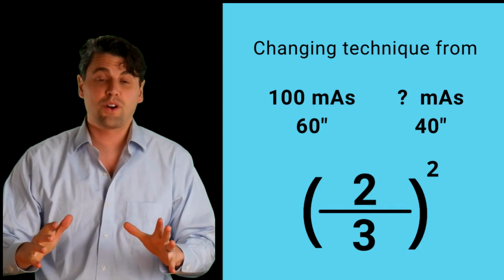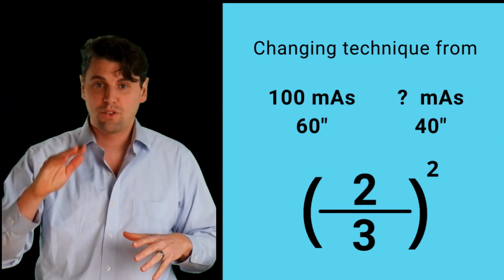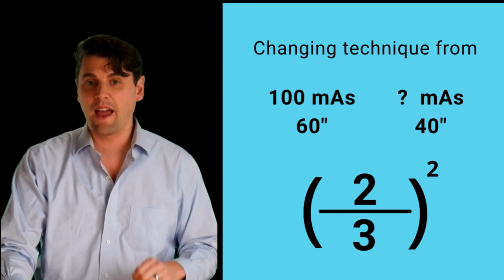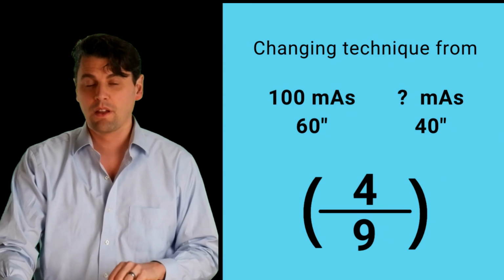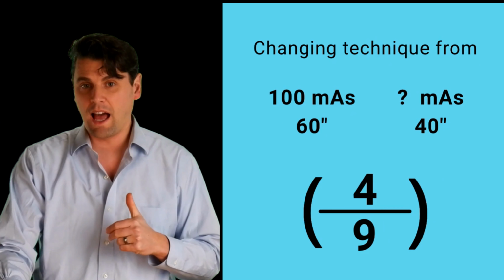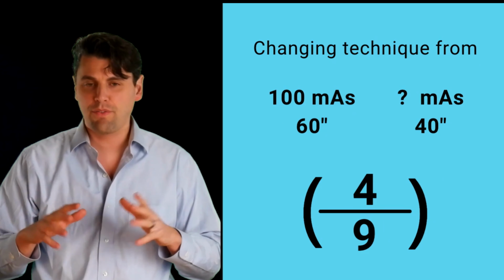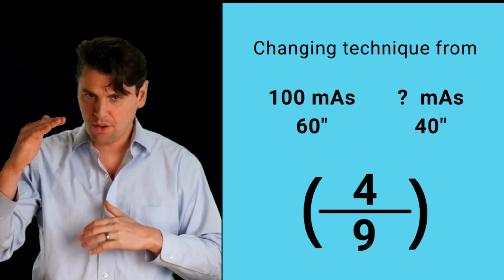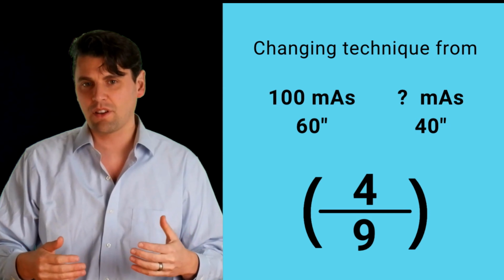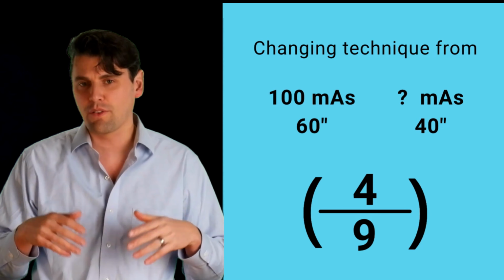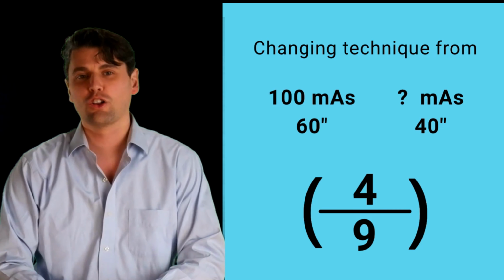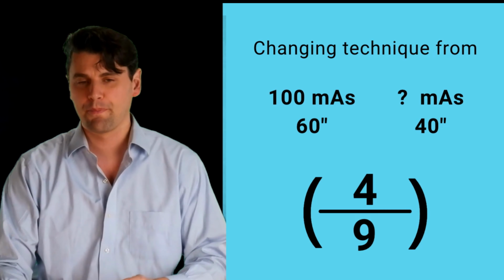So if you have 2/3 squared, that's 2 squared is 4 on the top and 3 squared is 9 on the bottom. So 4 divided by 9. So that's close to 4 divided by 10, right? So if we need to do some simple estimation, we'd say it's close to 4 divided by 10, or it's close to 0.4.